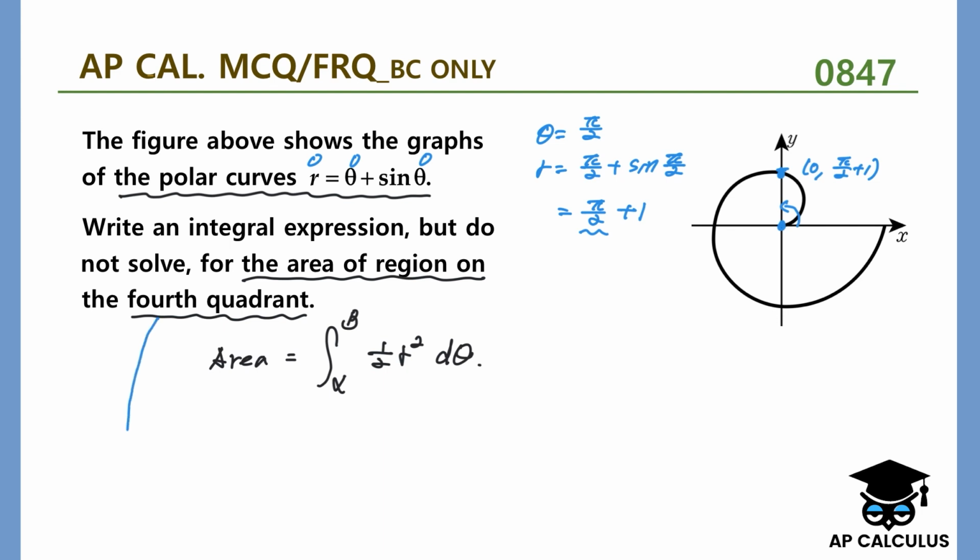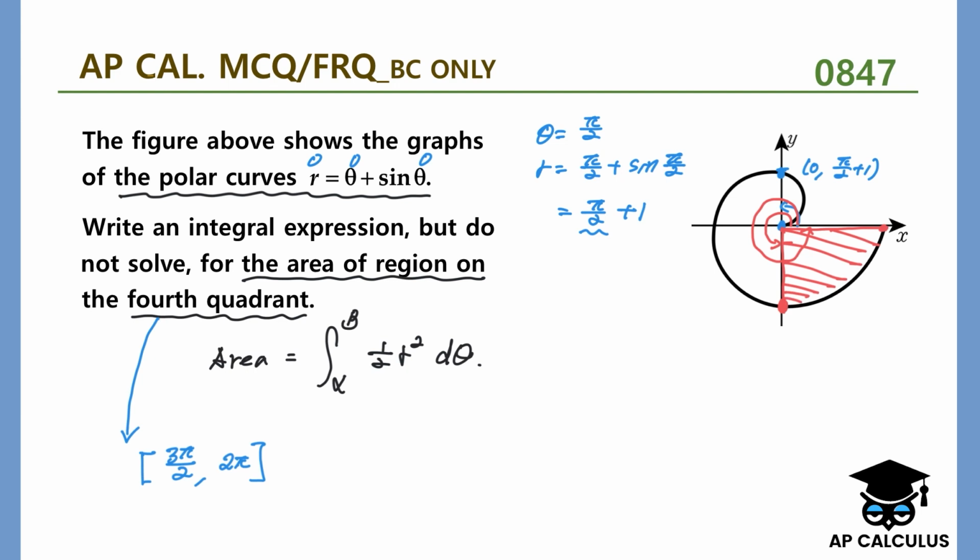So our interval of angle must be from 3 pi over 2 to 2 pi, starting from here and all the way to here, 2 pi. So we can find the area of this region right here.